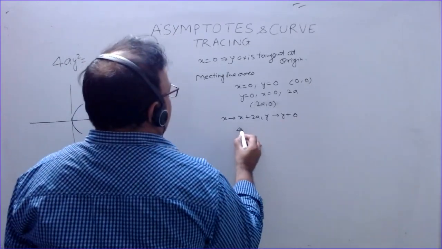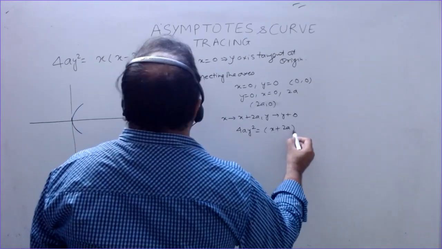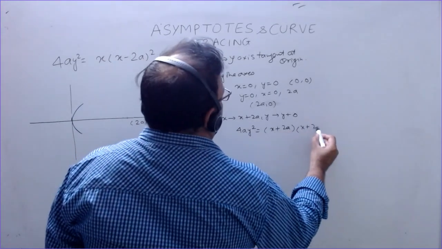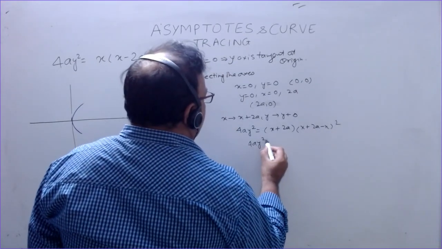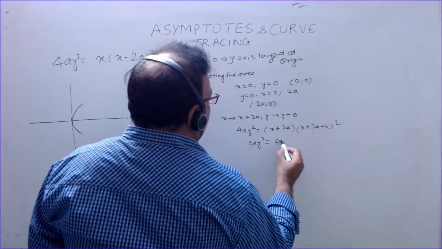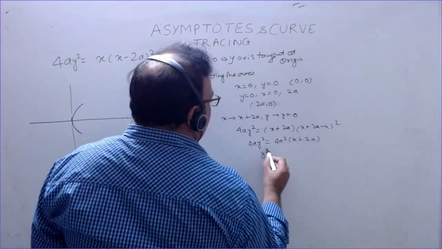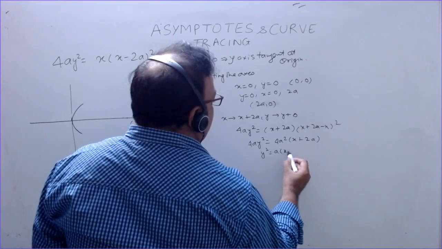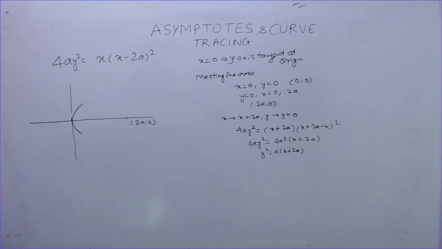So the equation becomes 4ay square equal to x plus 2a into x whole square, or 4ay square is 4a square x plus 2a, or y square equal to a x plus 2a. This is the equation of the curve if we shift the origin.